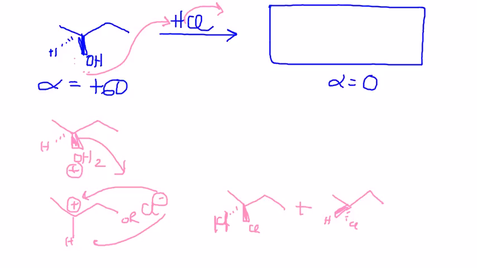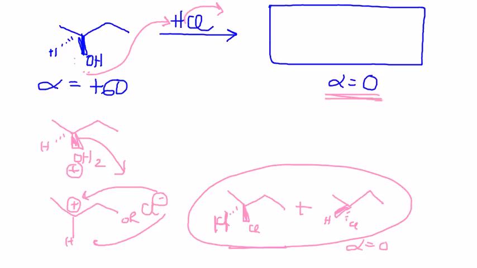Since it's a carbocation, it's a racemic mixture. So half of the molecules are going to go through the attack from the top, the other half is going to go through the attack at the bottom. Since it's a 50-50, that is the reason that alpha is going to be 0.